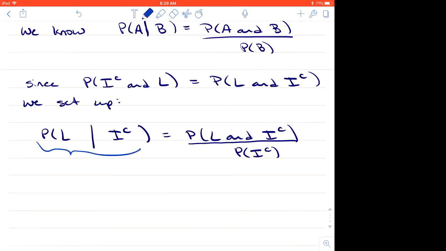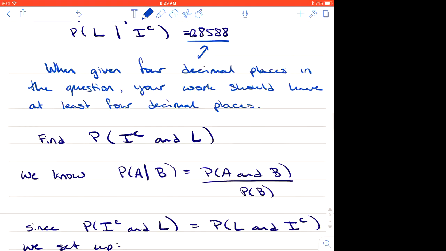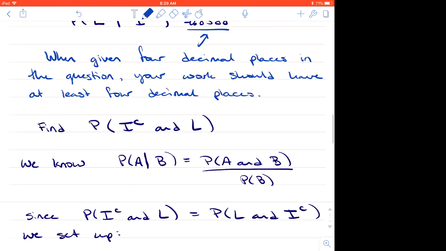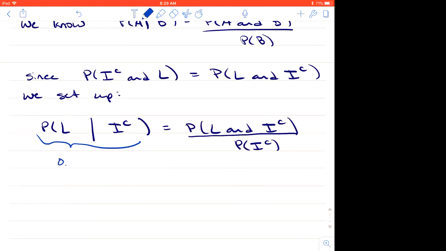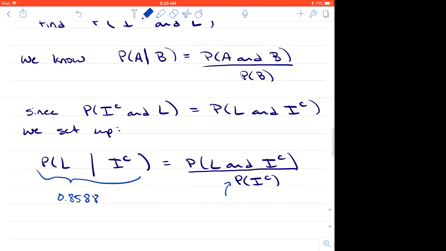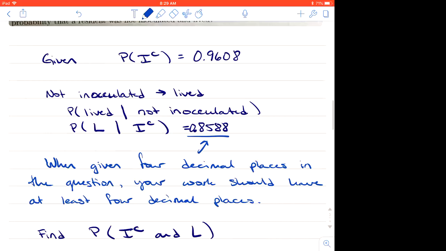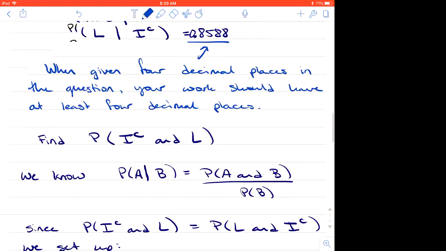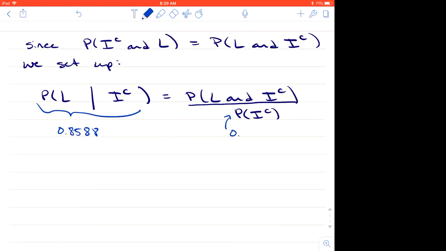Right, and so we know this one. We're told that this is, what were we told? 0.8588. And we were told that the probability of them not being inoculated was 0.9608. We have to find the numerator.